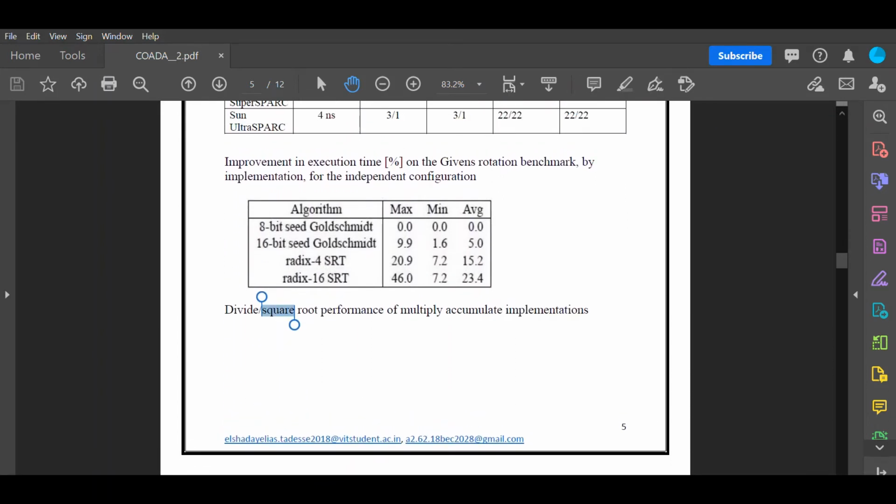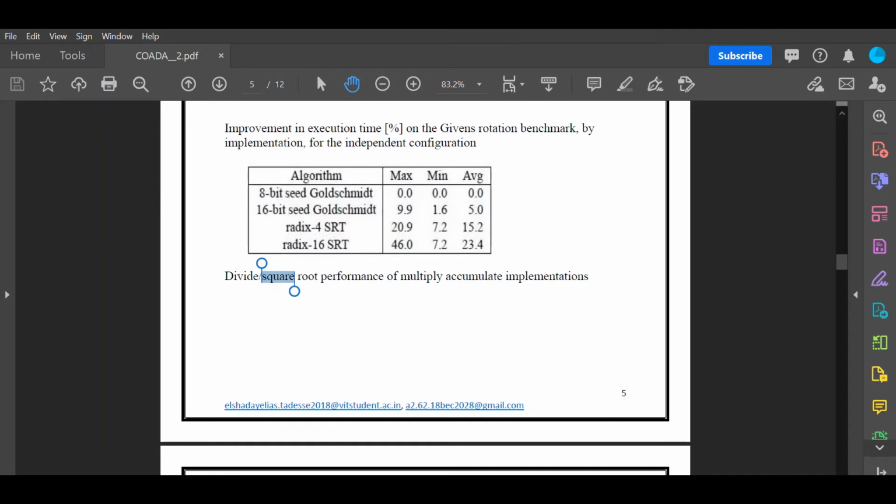The improvement in execution time percentage of the given rotation benchmark by implementation for the independent configuration is given in this table. For 8-bit seed Goldschmidt, the maximum is 0 and the minimum is 0, and the average obviously will be 0. In a 16-bit seed Goldschmidt, the maximum is 9.9, whereas the minimum is 1.6 and the average is 5.